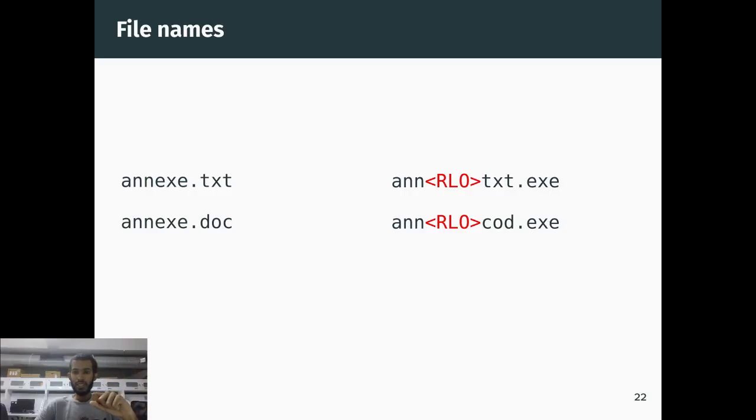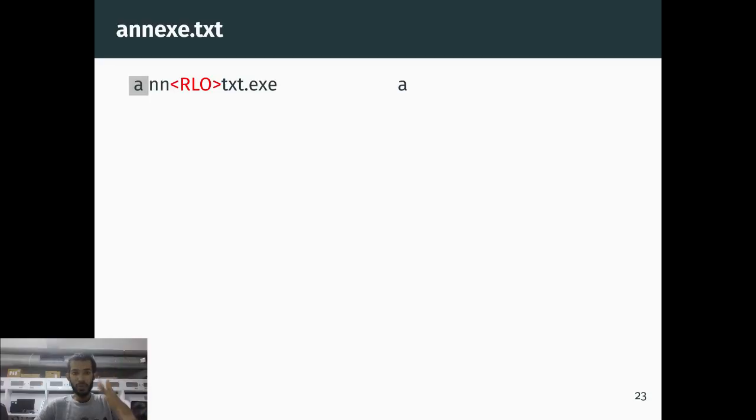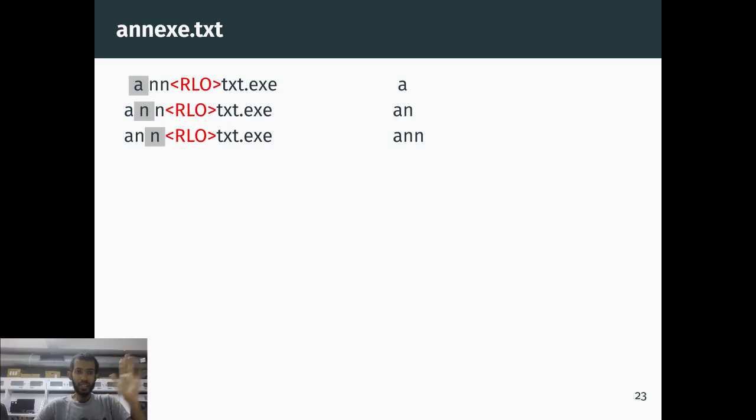So let's see what happens. Let's step through how it's being rendered like we did last time. So first the A is rendered, then N, and the next N, and so far it goes the way that we are used to. Now comes the right to left override control character. That by itself doesn't make anything render, but it influences the way the characters that come after it are rendered.